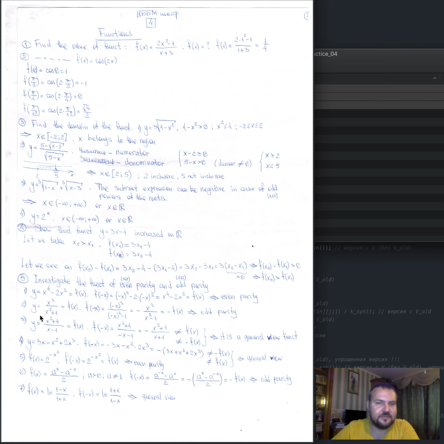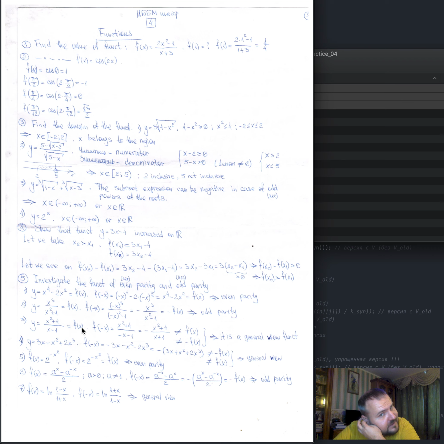Second case, x cubed divided by x squared plus 1. We need to check the definition of the odd type of function: f of minus x equals minus f of x. We already checked it for this example. It is an odd type of function.